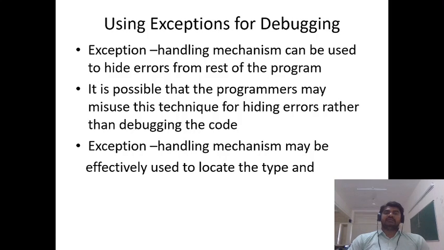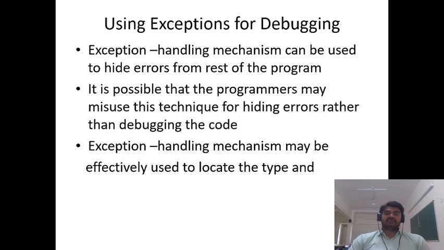Using exceptions for debugging. The exception handling mechanism can be used to handle errors separately from the rest of the program. It is possible that programmers may misuse this technique for hiding errors rather than debugging the code.